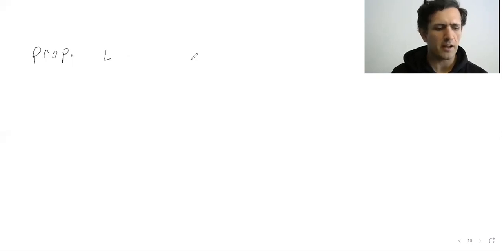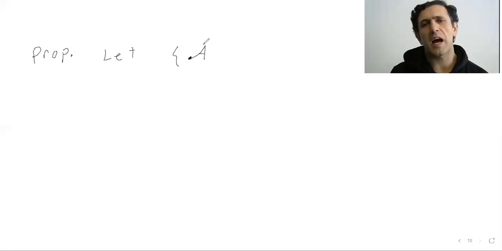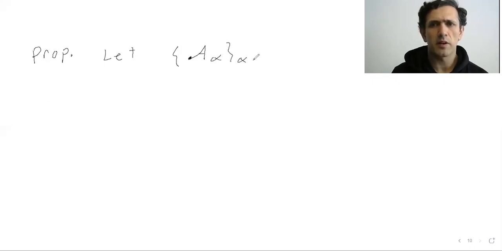So let's say I have any collection of sigma algebras, with, let's say, a common big X lurking in the background. Big I here is just some generic indexing set.